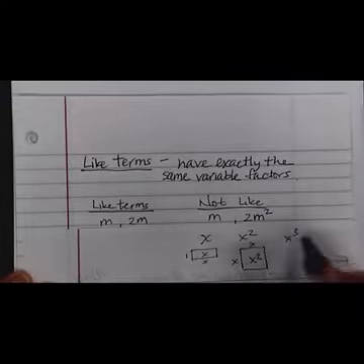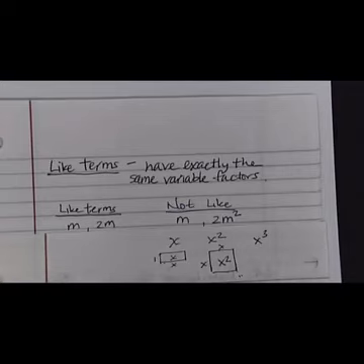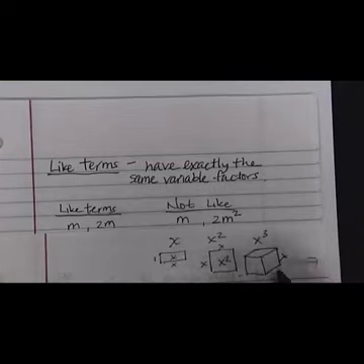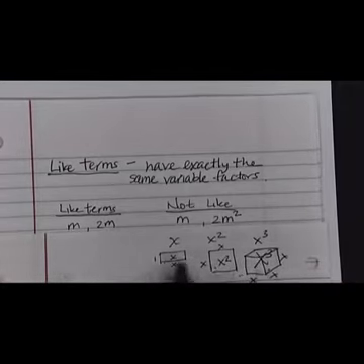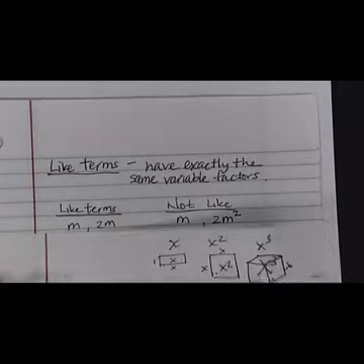And if I said x cubed, would you say that's a like term? No. Do you know why? Because this one is an actual cube, which has a length of x by x by x, so this is a volume, x cubed. A cube is not the same as a square, which is not the same as a rectangle, so they are not like terms. Make sense?